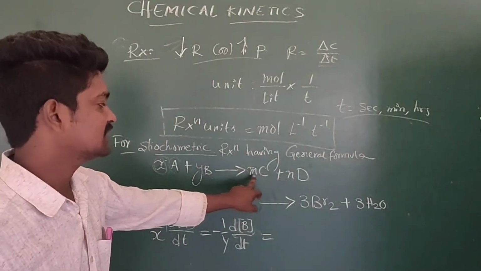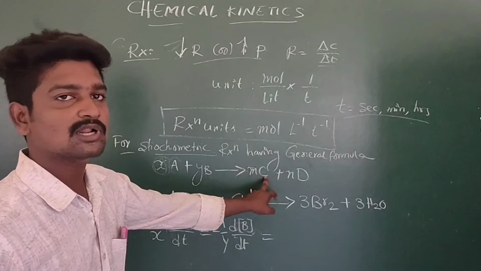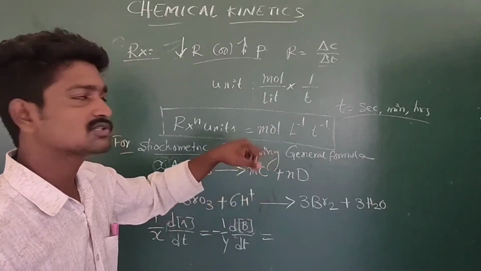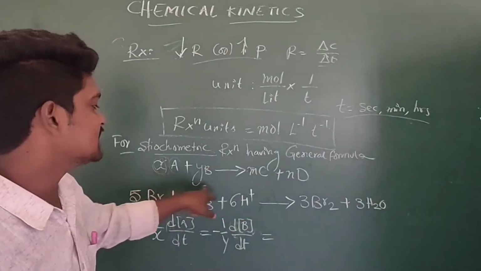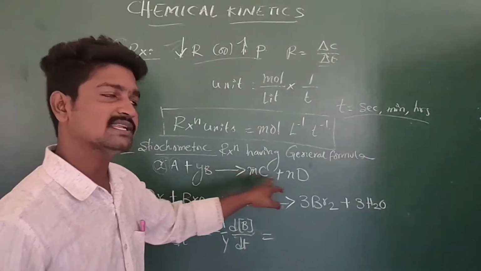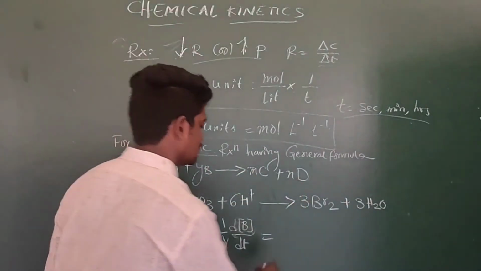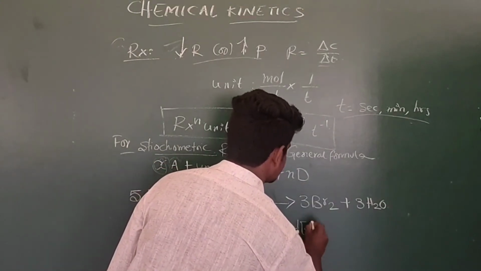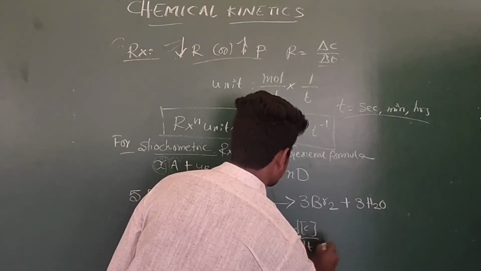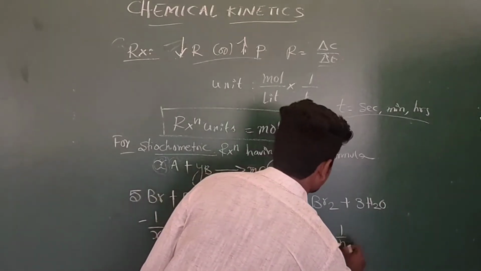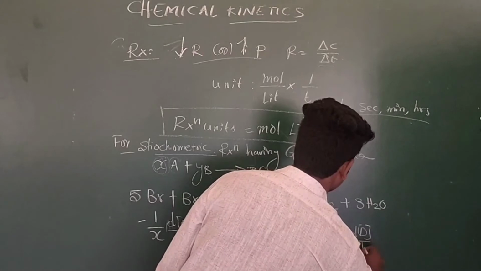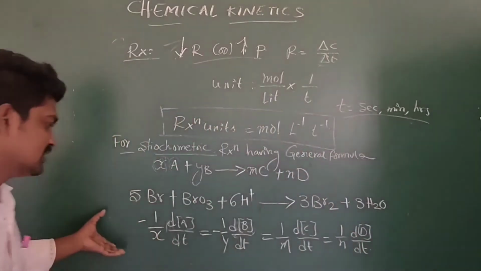M is the coefficient of the product, and products always increase. If there is a decrease in reactants, there is an increase in products. So 1 by m dC by dt is equal to 1 by n dD by dt. So here is the equation for this general equation.